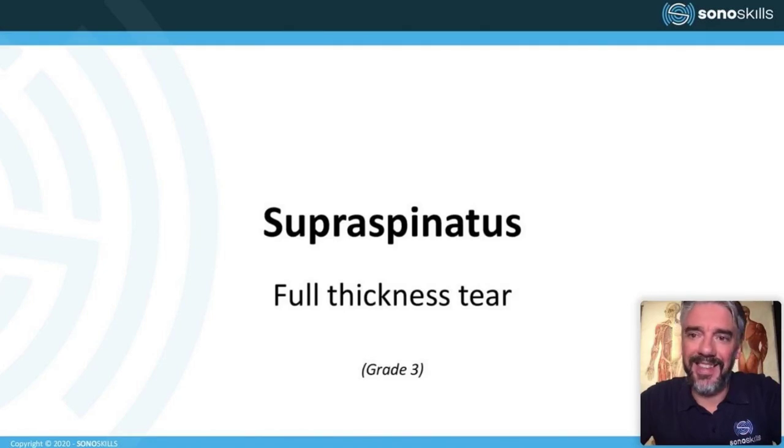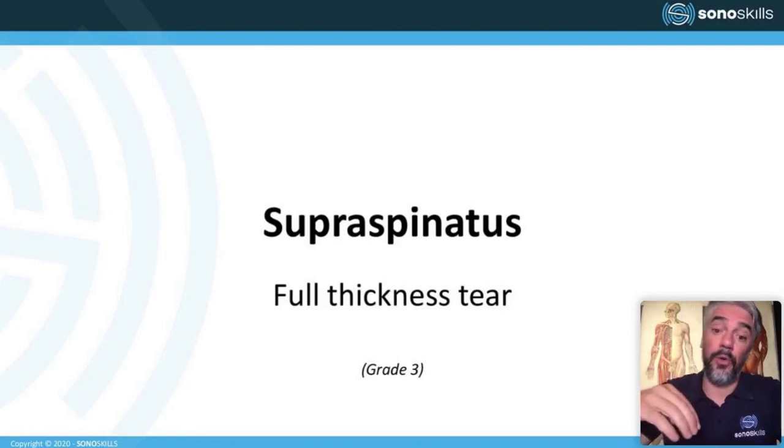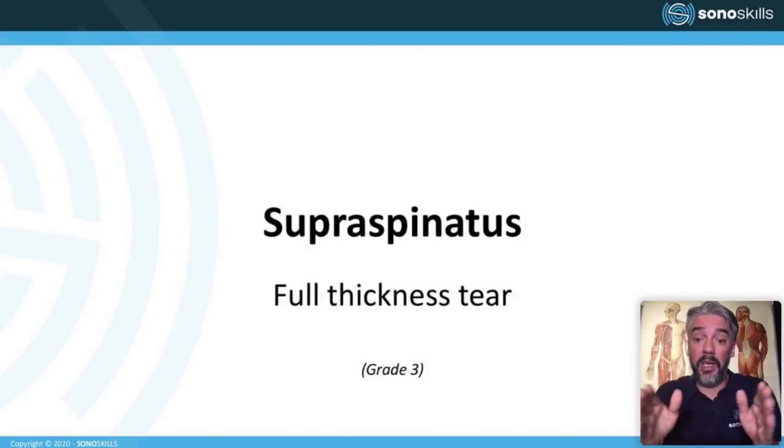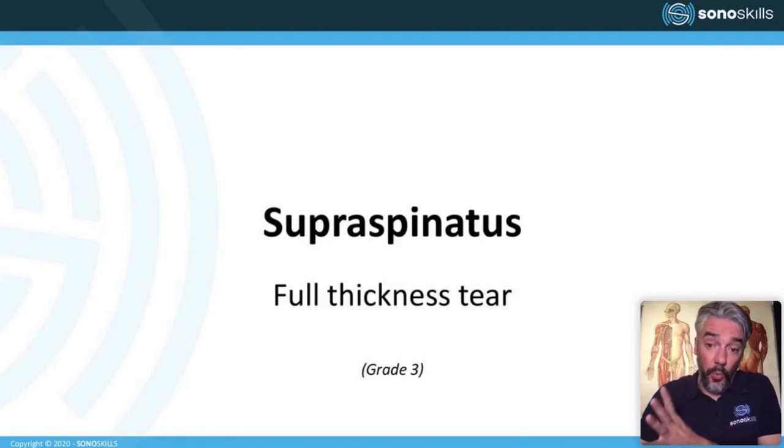Looking at the full thickness tearing of the supraspinatus, personally, I think that full thickness should be combined with partial width. So in one plane, you can see a full tear, but in the other plane, you can see still parts that are intact. Full thickness, partial width.